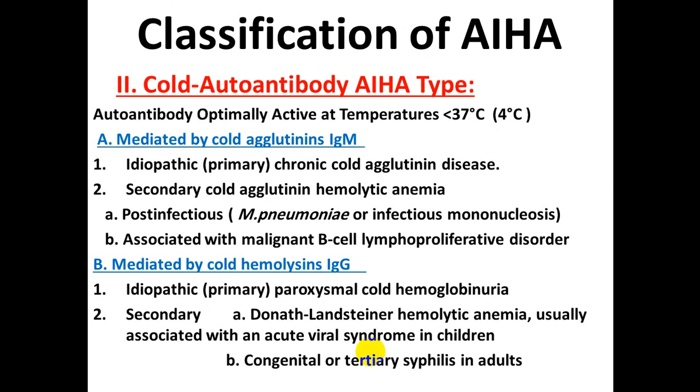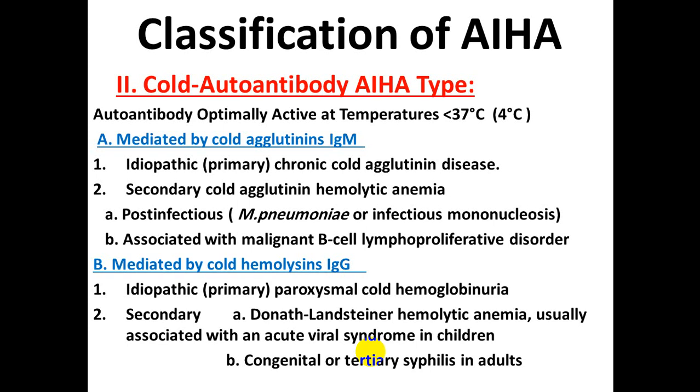Cold autoantibody autoimmune hemolytic anemia type. The autoantibody is optimally active at temperatures less than 37 °C, usually at 4 °C. They are of two types: mediated by cold agglutinins IgM, and mediated by cold hemolysins IgG immunoglobulins.